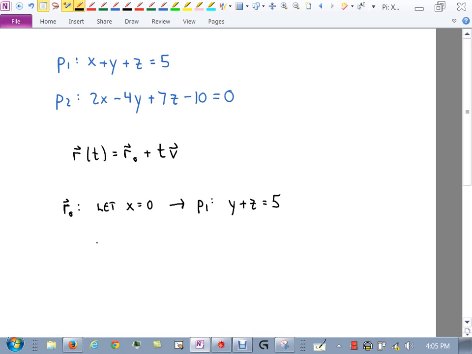All right, well, let's do more. Let's let y be 0 also. What would plane 1 give me if I let y be 0? z is 5. Now let's take a look at plane 2. What would happen to plane 2 if I let x and y be 0?